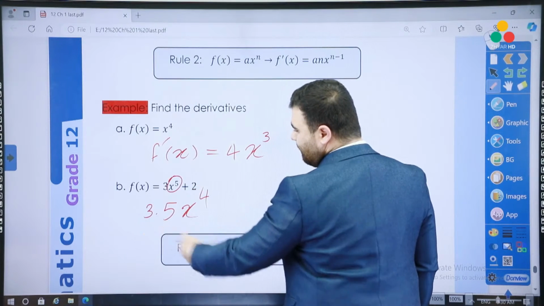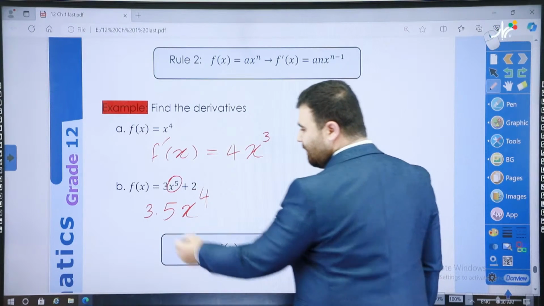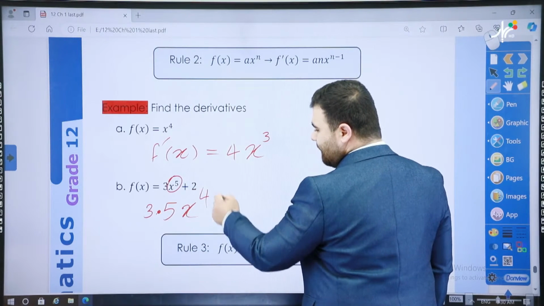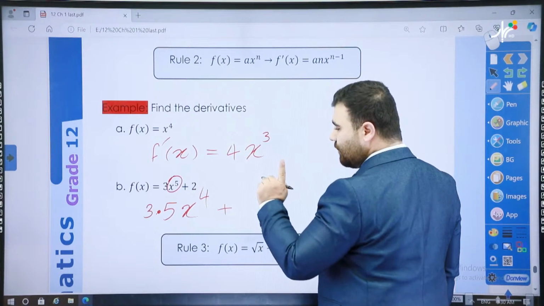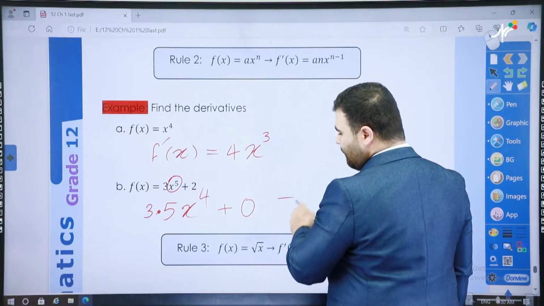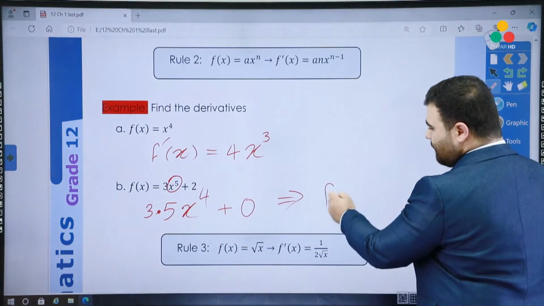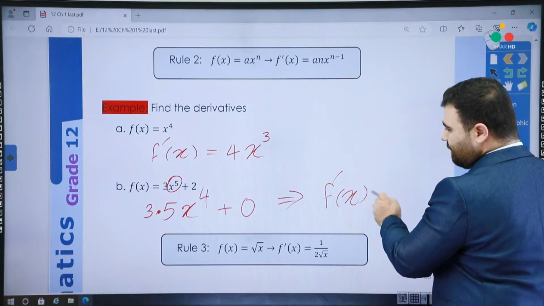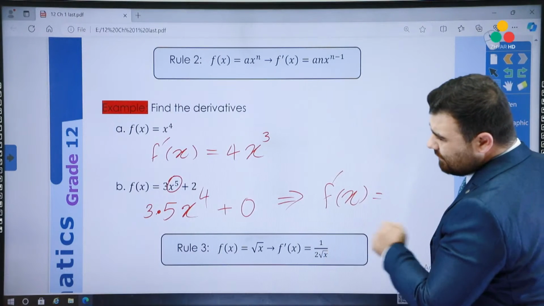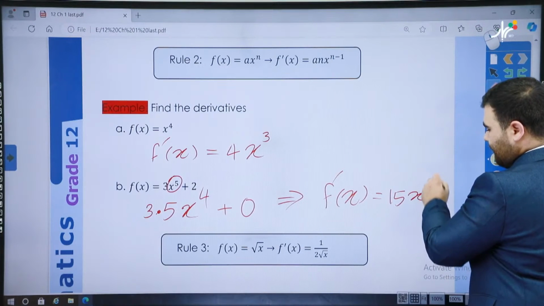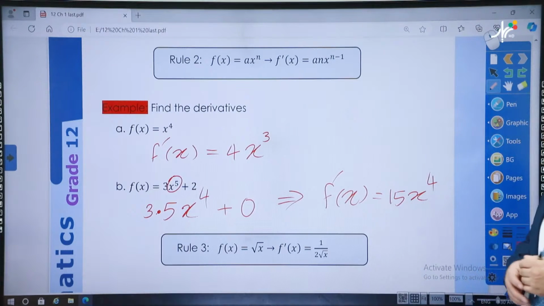Then later when we multiply 3 times 5, it will be 15. It's times between them. Plus, derivative of constant, in rule 1 we learned that it's equal to 0. So if we simplify this, f prime of x is equal to 15x power 4. Plus 0 is nothing, so this is the derivative.